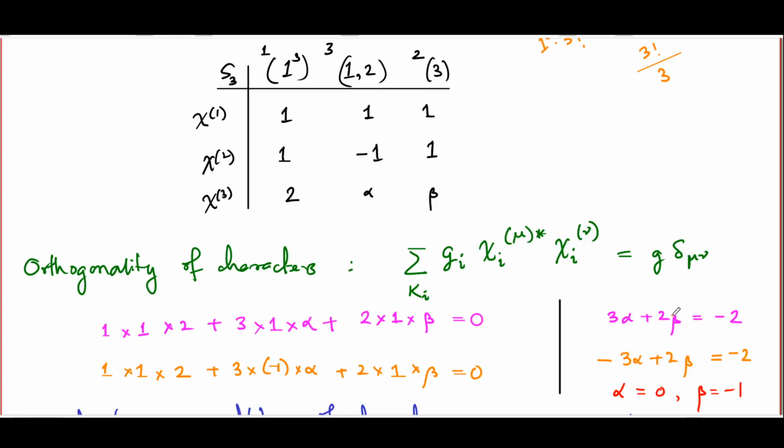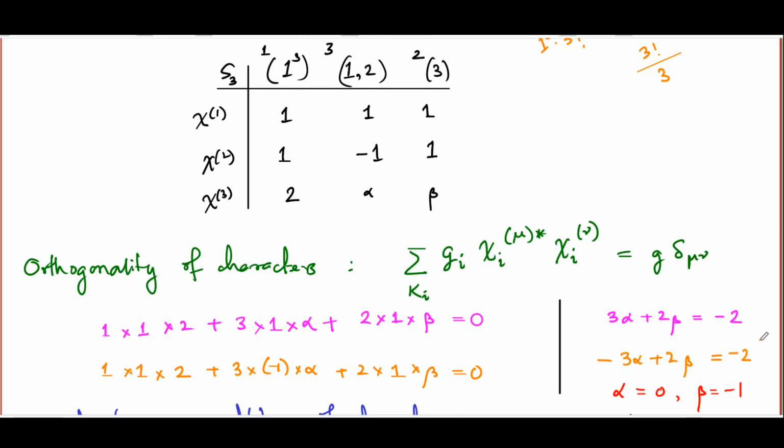The other relationship that you need can be figured out very easily by looking at chi2 and chi3. So 1 into 1 into 2, plus 3 into -1 into alpha, plus 2 into 1 into beta. That's -3 alpha plus 2 beta equals -2.